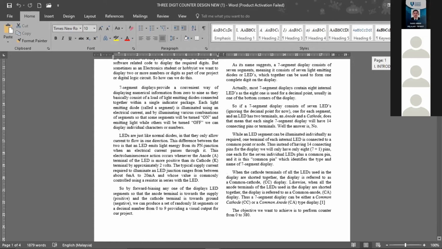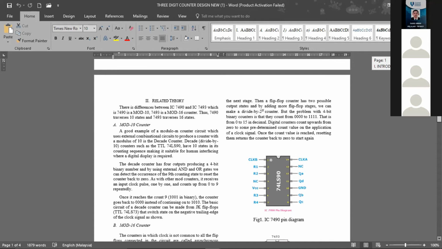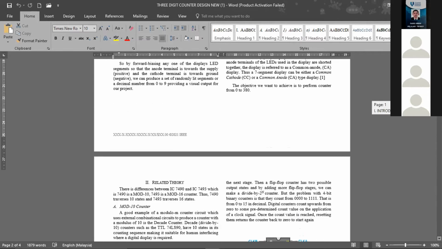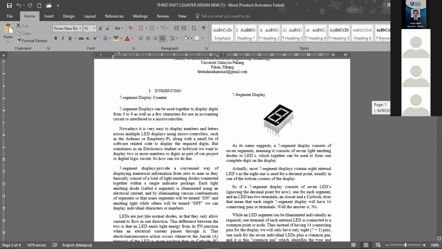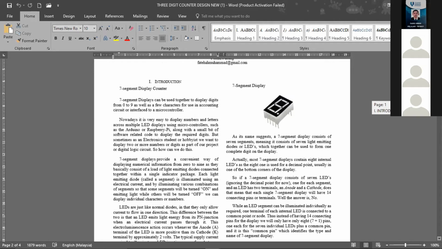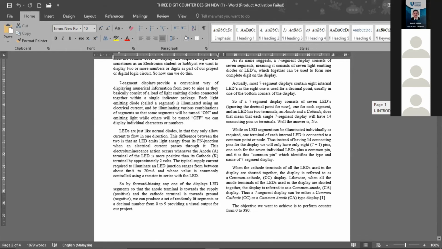For the related theory, since I did that part, I chose the mode 10 counter and discuss the differences between modes. For the introduction, did you put the number of citation? Yes, of course.